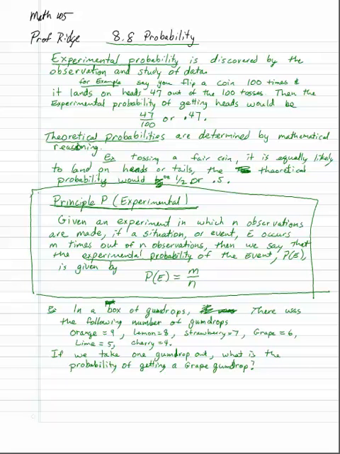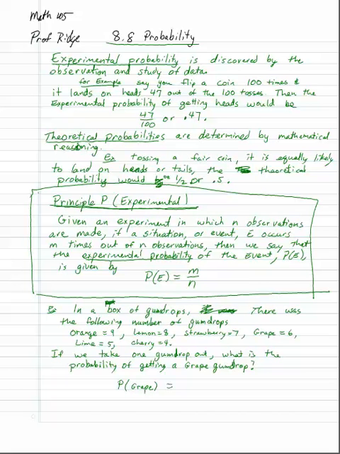So in a box of gumdrops there was the following number of gumdrops: 9 orange, lemon was 8, strawberries 7, grape 6, lime 5, cherry 4. If we take one gumdrop out of the box, what's the probability of getting a grape gumdrop? This is our experimental probability because we observed these numbers.